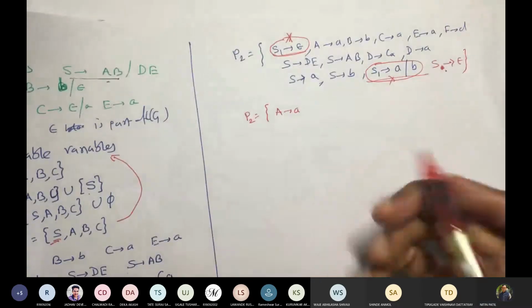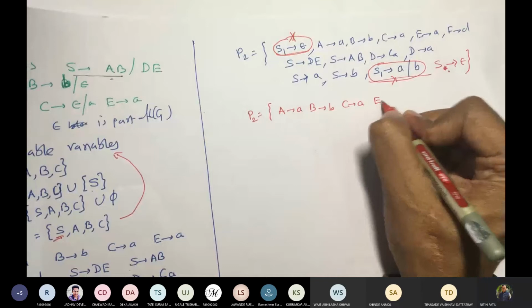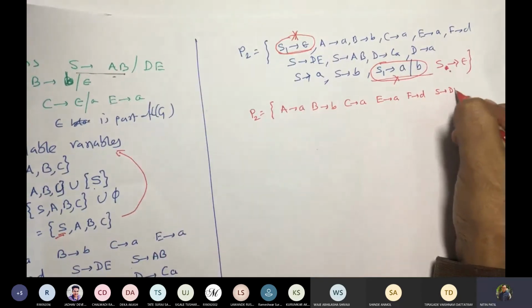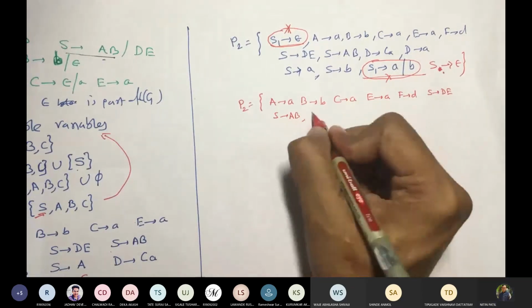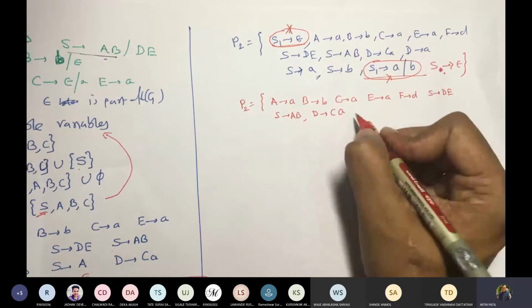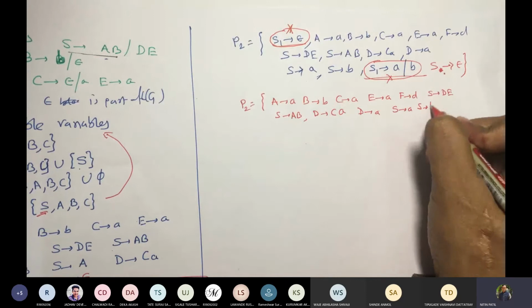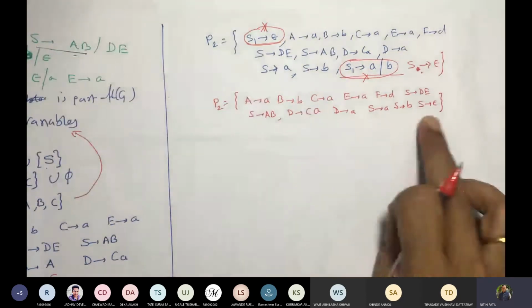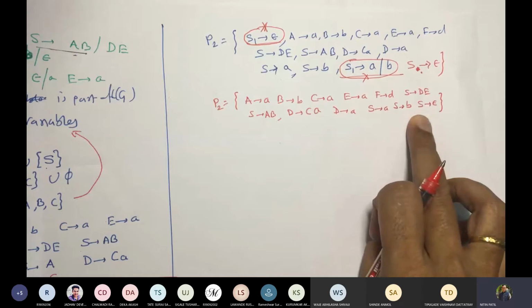A gives A, B gives B, C gives A, E gives A, F gives D, S gives DE, S gives AB, D gives CA, D gives A, S gives A, S gives B, and S gives epsilon to preserve this. Now, this is to be done only when epsilon is part of L(G) and S is occurring on the right side of either of the productions. Fine.